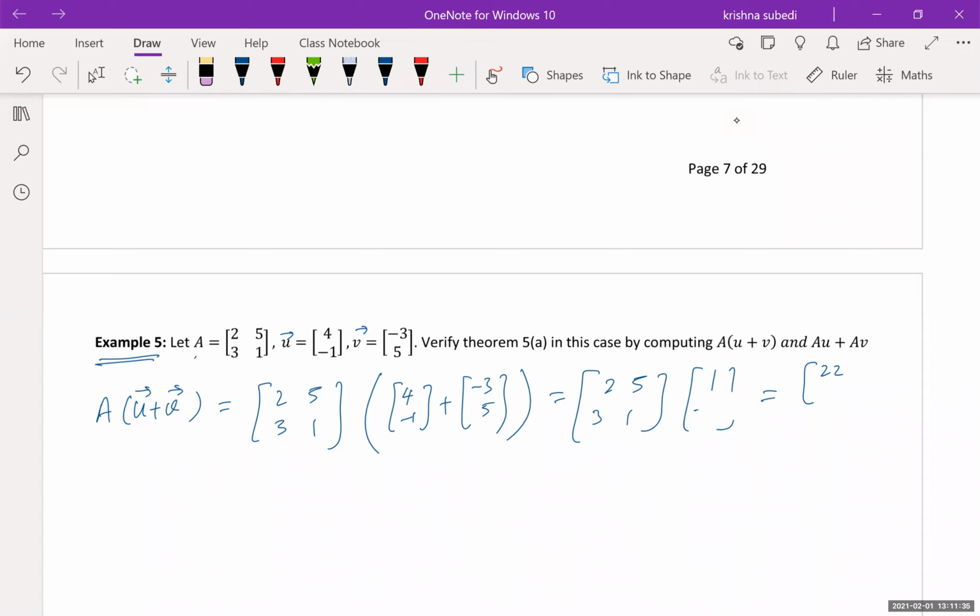Sorry, this one is 1 and 4, not negative 4. So if you multiply this, you're going to get 22 and 7.